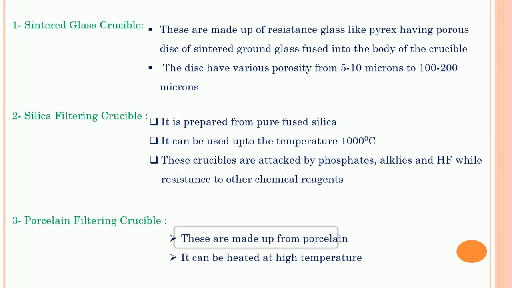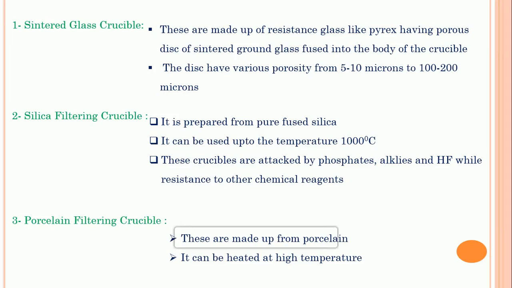If we increase the temperature suddenly, there is a possibility of cracking of the porcelain crucible, and therefore the crucible should never be heated directly. This is the minimum condition when we use such a porcelain filtering crucible. So these are the three types of crucible when we use a crucible as a filtering medium.